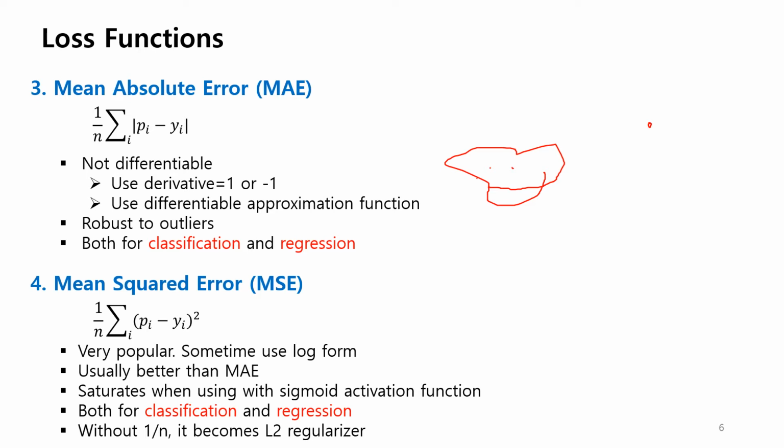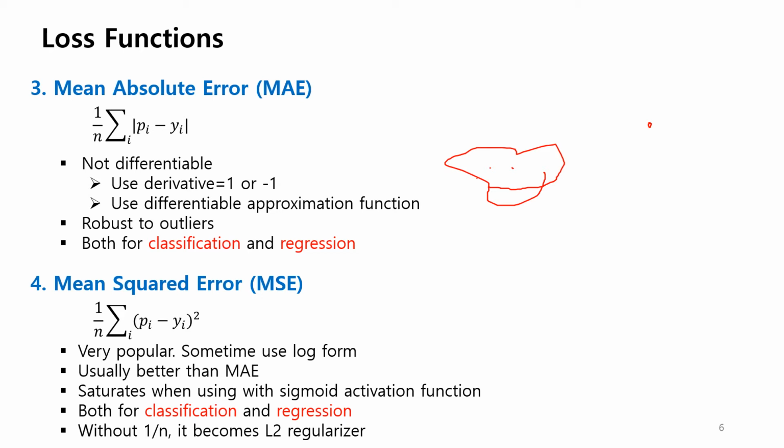If you assume there is a possibility that there are a lot of outliers in the data, maybe you can choose MAE instead of MSE, because MAE is more robust to outliers, okay.